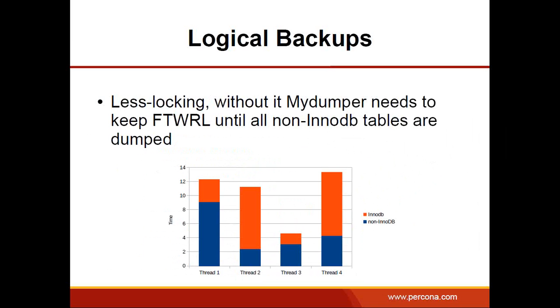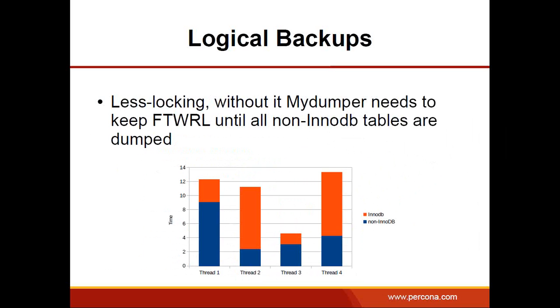We also talk about less locking. Without less locking, Mydumper will need to grab flush table with read lock to dump all non-InnoDB tables. That means that if we have really big MyISAM or archive tables or whatever that is not InnoDB, you will have your server locked for all the time that it needs to dump those tables.